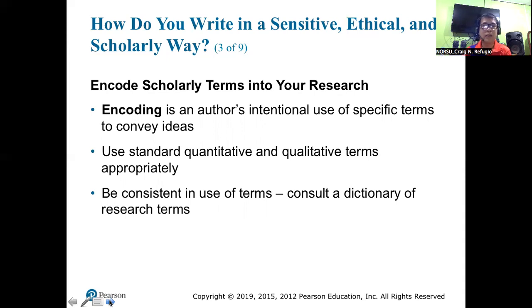Consult a dictionary of research terms, not the ordinary dictionary, because in some cases the ordinary dictionary does not give the real meaning of the term as you use it in your study. That is why we have operational definition of terms, wherein that term can be defined in your own perspective based on the way you use that term in your thesis or in your proposal or in your dissertation.